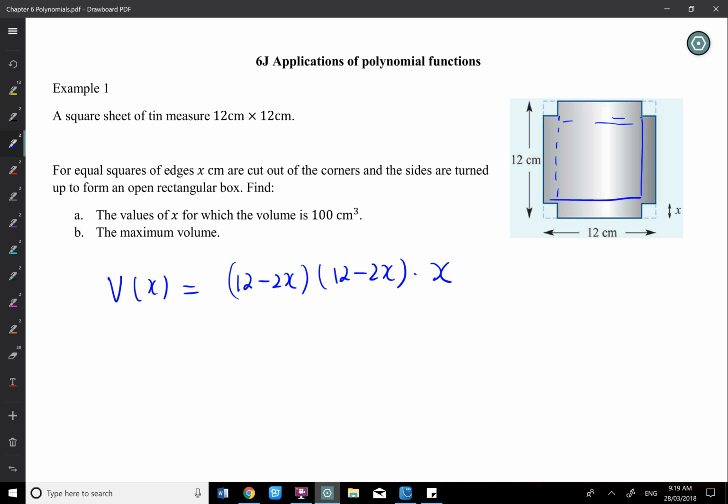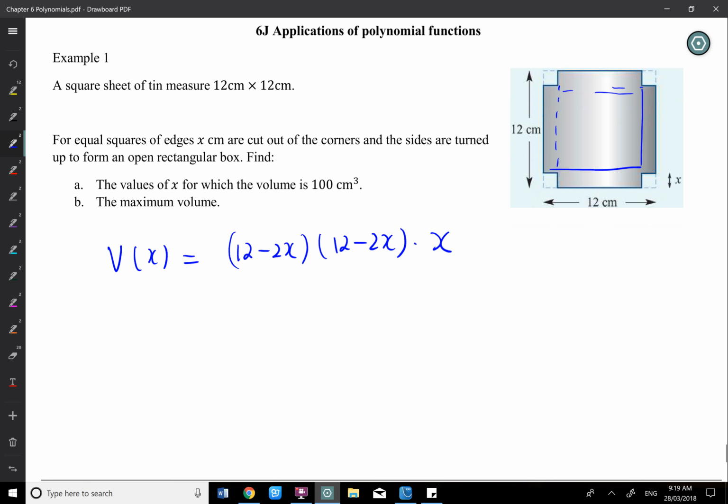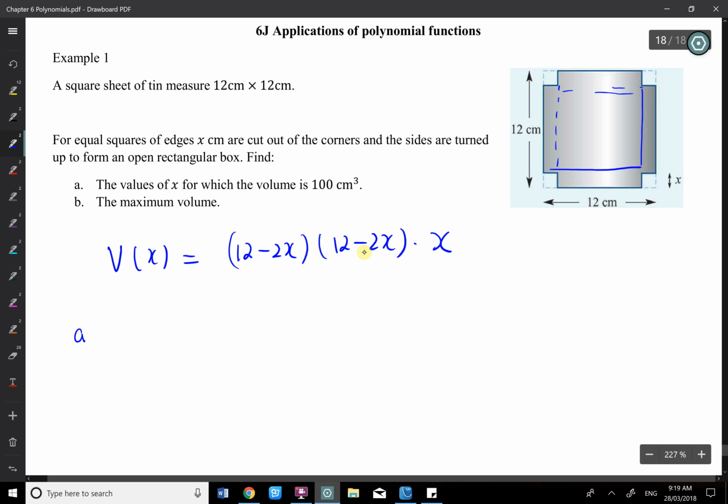That's how you find the volume of this box. Part A is to find the value of x when the volume is 100, so you solve that equal to 100.